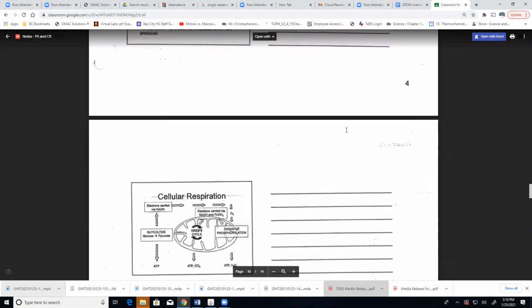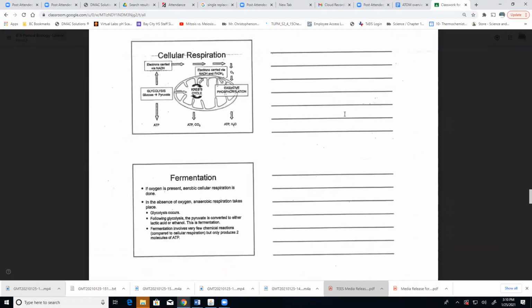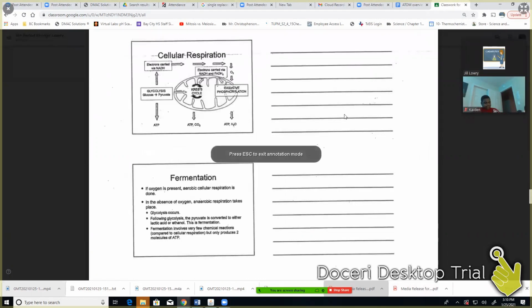All right. So this is our little nice picture. Finally, after all that, we'll probably look at another picture tomorrow. So this is our cellular respiration that shows where we're getting our different ATP. Instead of oxidative phosphorylation, we will call that the electron transport chain.